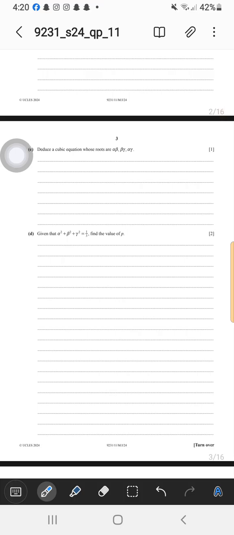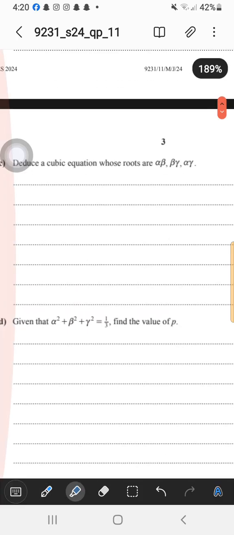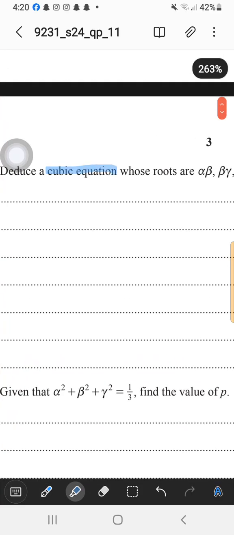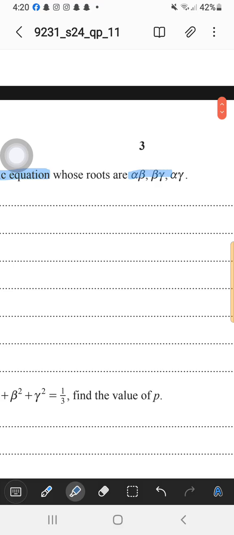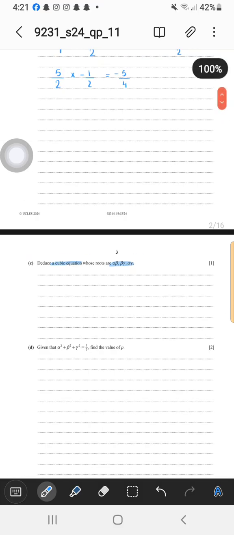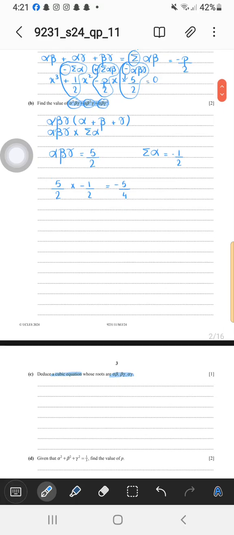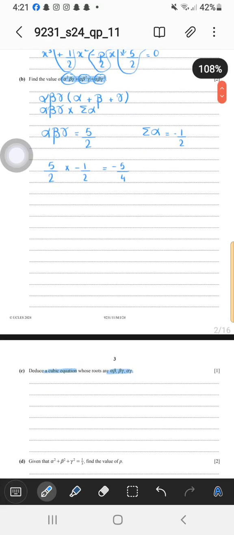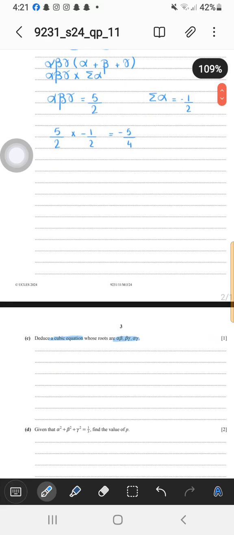In this, it is asking us to deduce a cubic equation whose roots are alpha beta, beta gamma and alpha gamma. This chapter has basically two topics. In the first, we had to find the roots, and in the second, we have to form new equations using those roots.